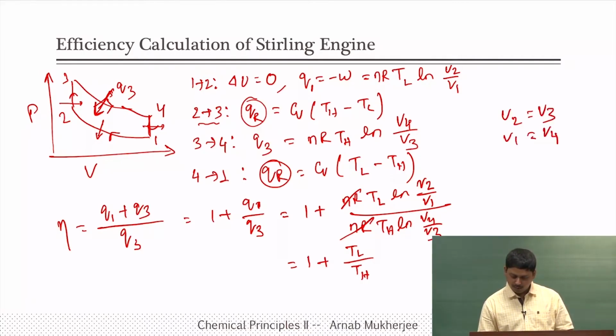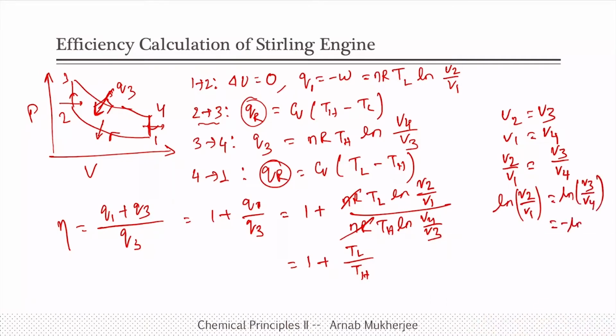So, therefore, V2 by V1 is equal to V3 by V4, and therefore, ln V2 by V1 equals ln V3 by V4, which equals minus ln V4 by V3.